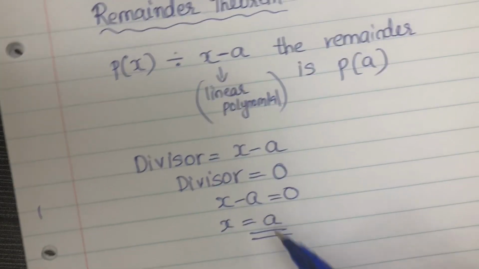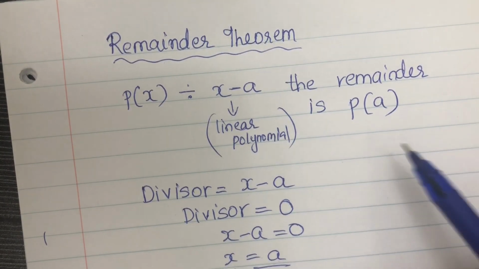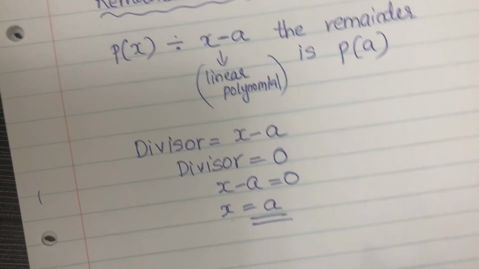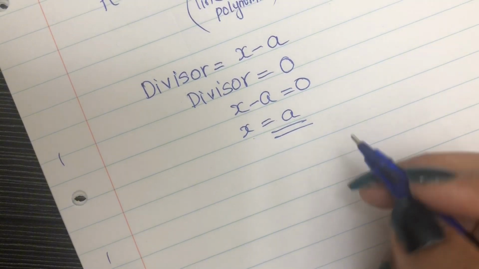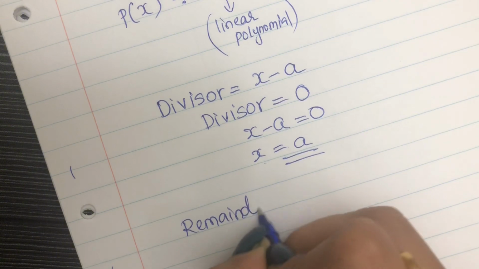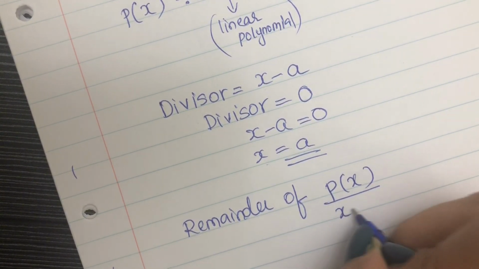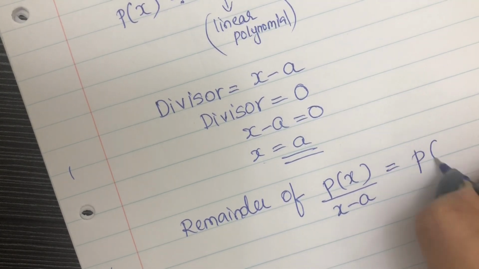Now we found x equal to a. If x is equal to a, then p of a will be the remainder. So that is how we find the remainder of p of x divided by x minus a, which is p of a.